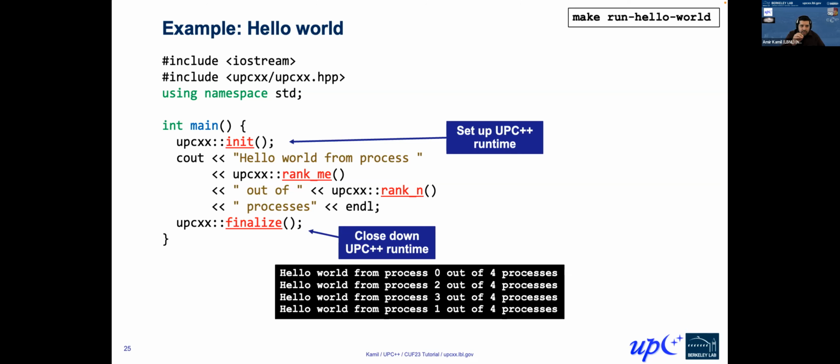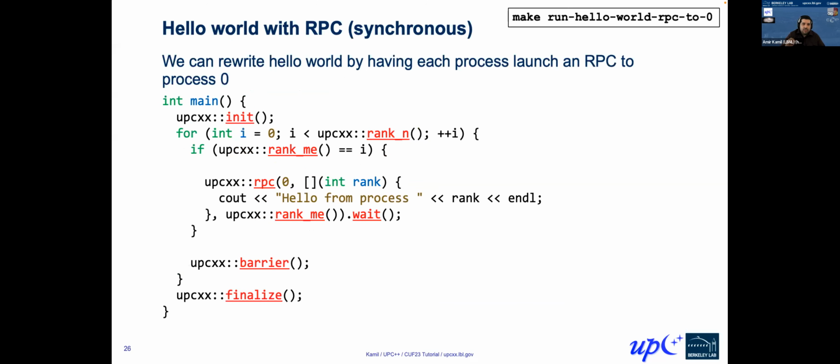So again, I want to reiterate that here we don't have any synchronization, so we don't get it. Let's take a look at an alternate version of Hello World that does have synchronization. Here we're iterating over all the processes, and in iteration i, process i will be printing.